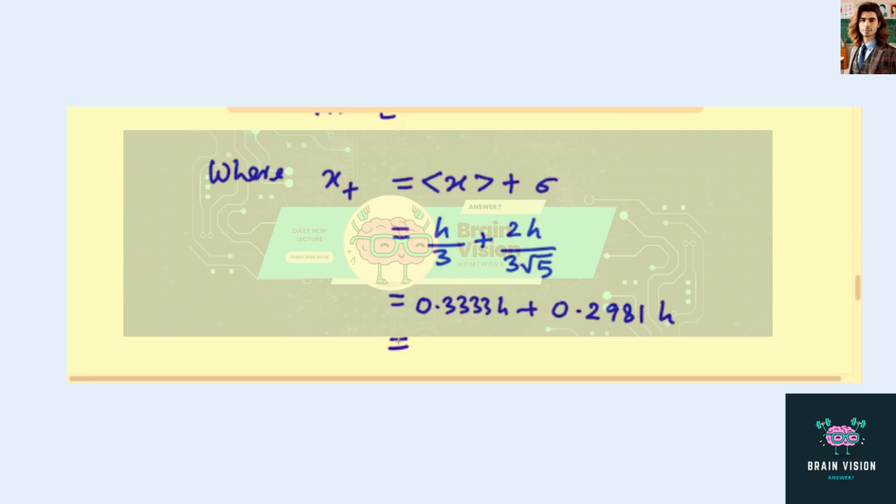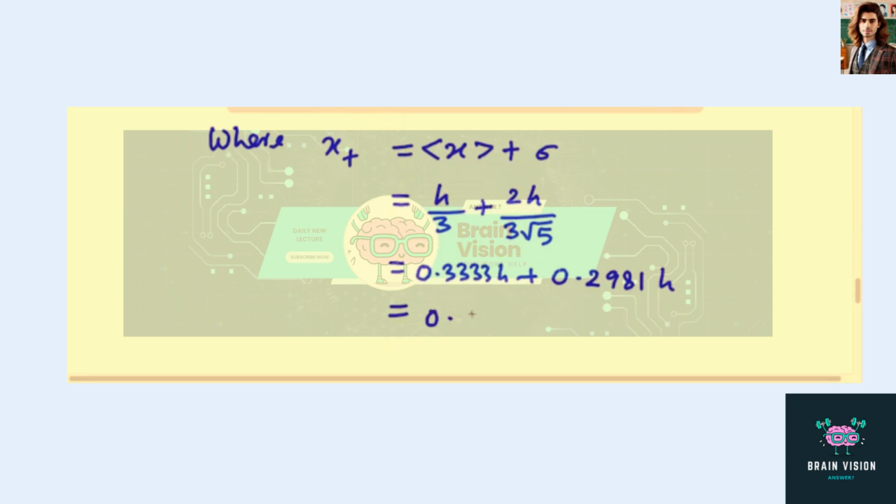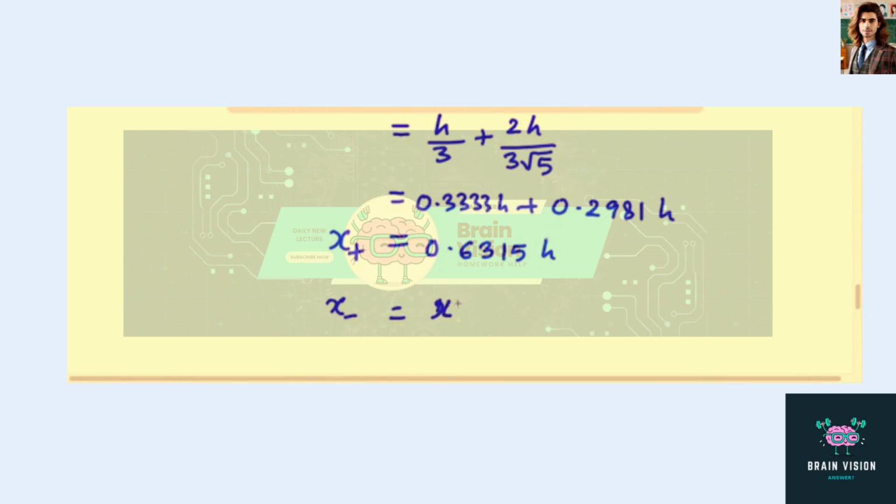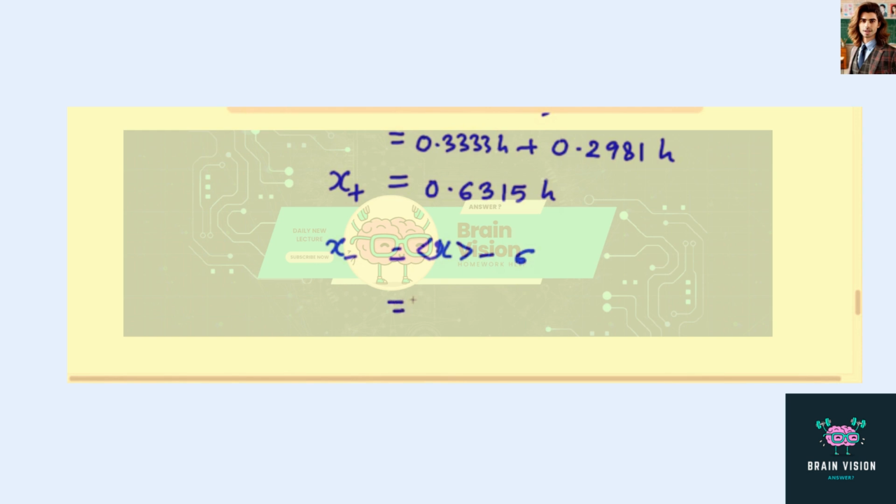When you add these, you will get 0.6315h. So this is the value of x plus. Similarly, x minus is equal to mean x minus sigma, and then putting in the values, you will get 0.0352h. This is the value of x minus.